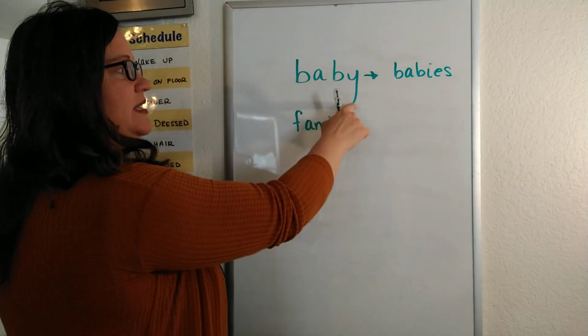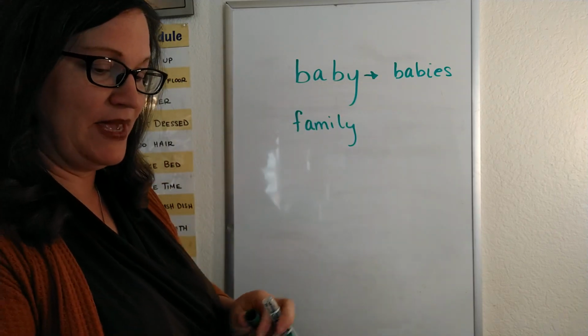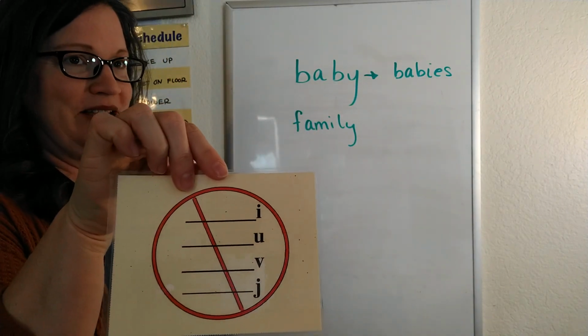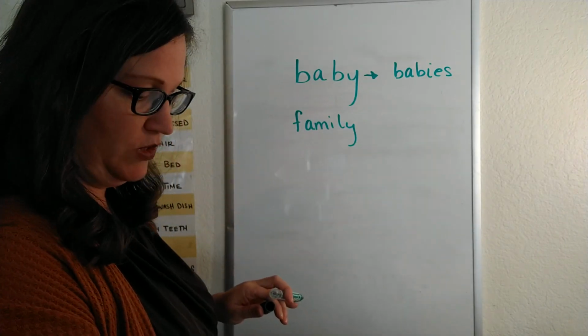Right? I-E-S. So we say that Y is a stand-in. It's a stand-in for I because English words don't end in I. So that's why we're ending a lot of these with the Y, because English words don't end in I.